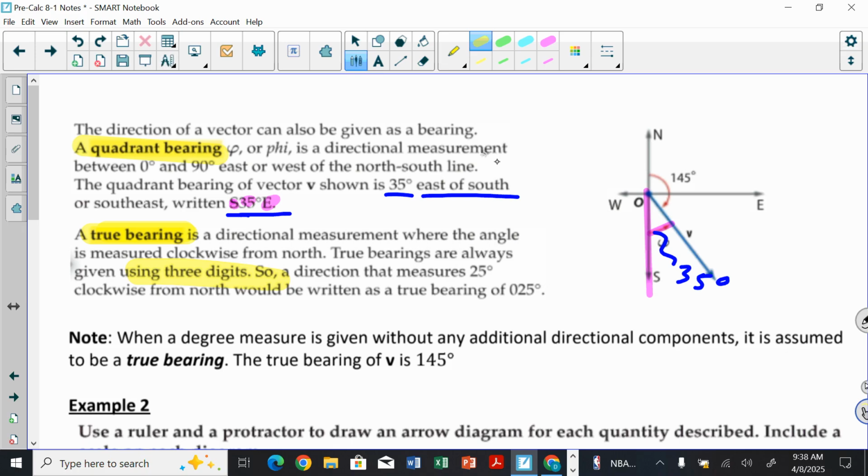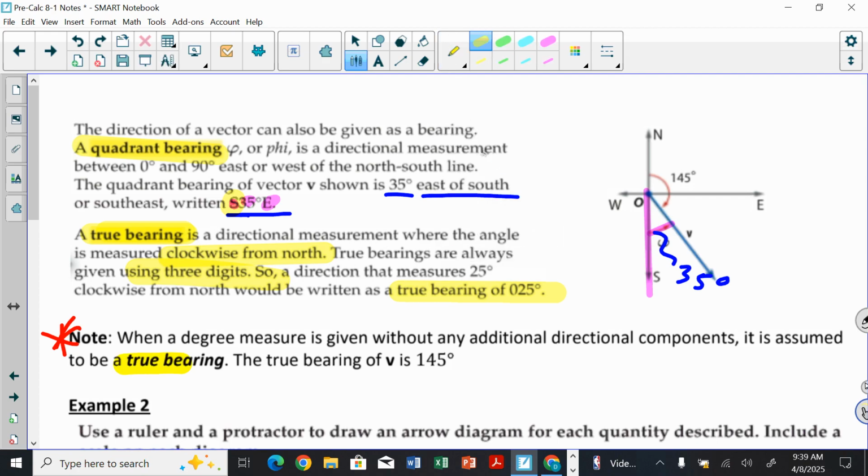So a direction that measures 25 degrees clockwise from the north would be written with a true bearing of 025, right? Because it's only 3 digits and it's a true bearing, we don't have to write the direction. We know it's coming from the north, and then we go 25 degrees clockwise. It always goes clockwise from the north, okay? Again, remember, if they don't give you any additional directional components, it is considered a true bearing, okay?